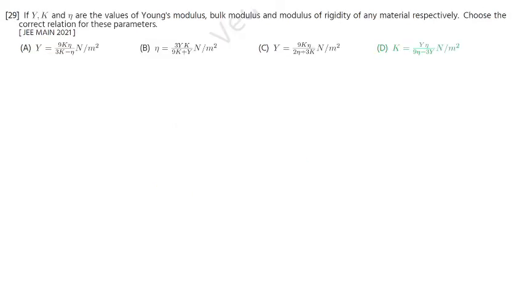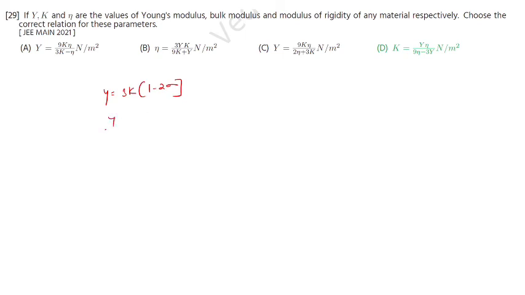Next, if Y, K and eta are the values of Young's modulus, bulk modulus and modulus of rigidity of any material respectively, then choose the correct relation of these parameters. First of all we will see the relation between Young's modulus and bulk modulus. Y is equal to 3K into 1 minus 2 sigma. Here sigma is Poisson's ratio, children.